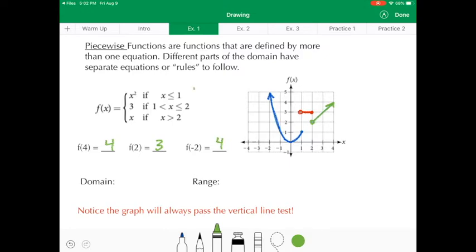Now what's the domain of this graph? Well, it would be all three of these put together. And if you think about them all combined, then it actually is going to give you all real numbers. And the range of a piecewise function can be very unique.